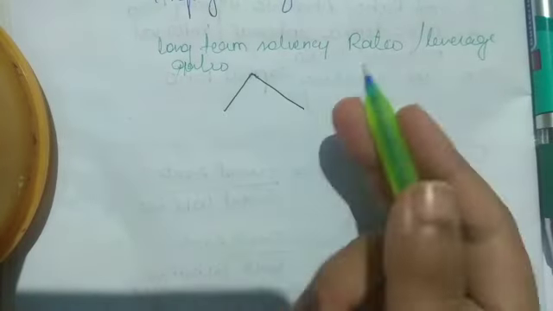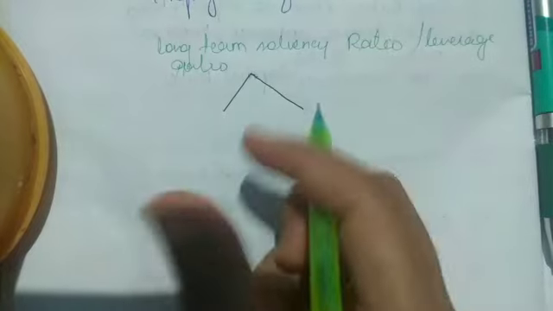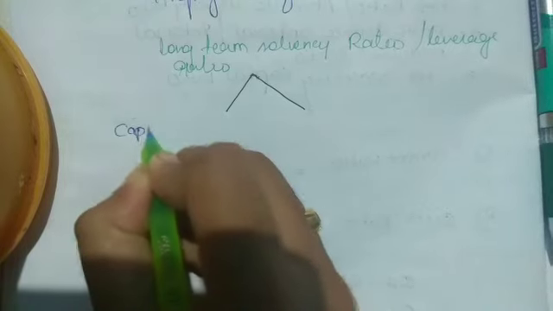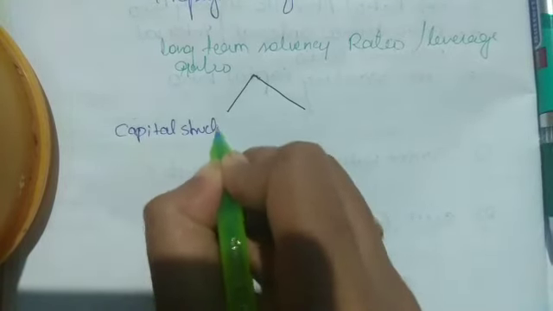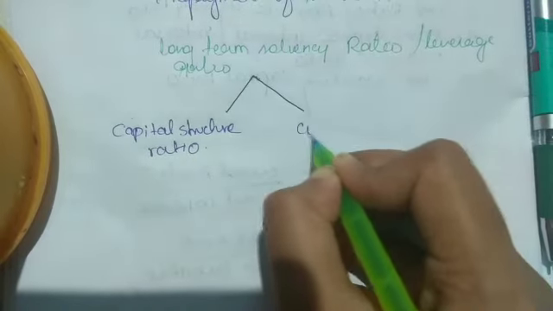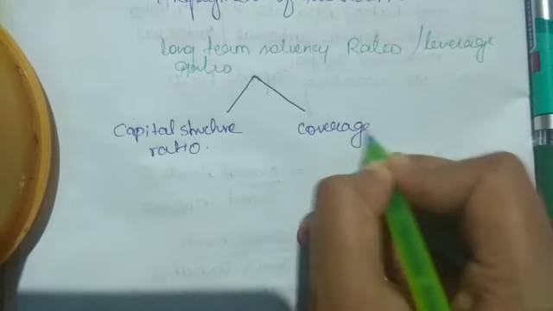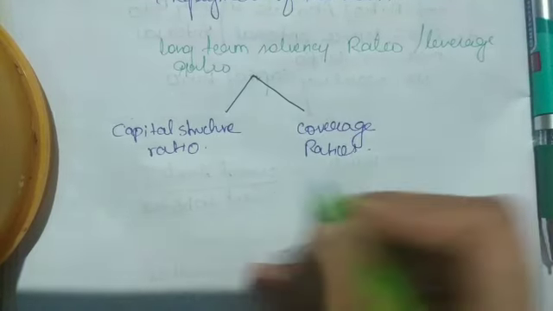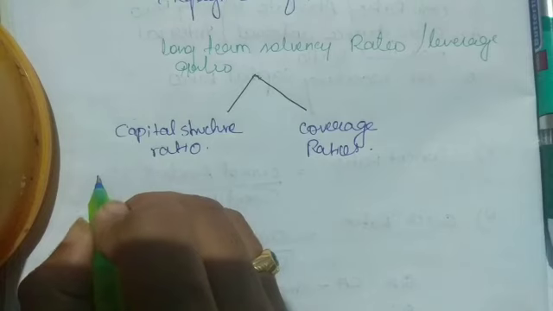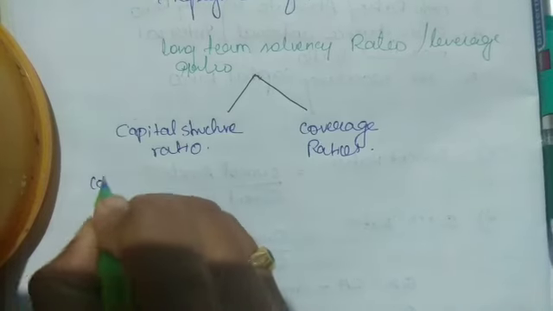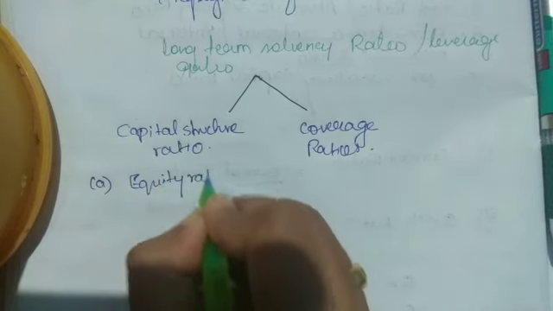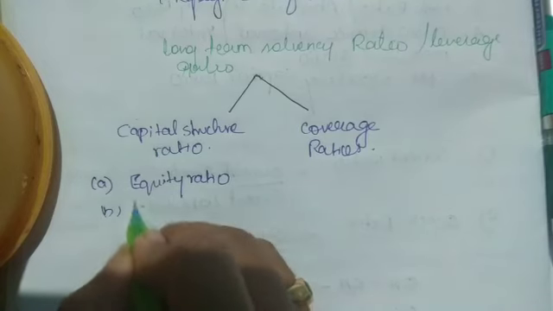So the long-term solvency ratio or leverage ratio is divided into two parts. One is capital structure ratios. Another is coverage ratios. Under capital structure ratios, there are 6 ratios. First one is equity ratio. Second is debt ratio.